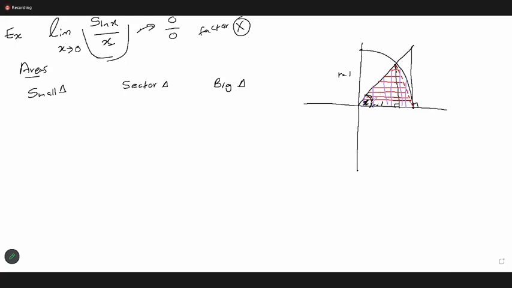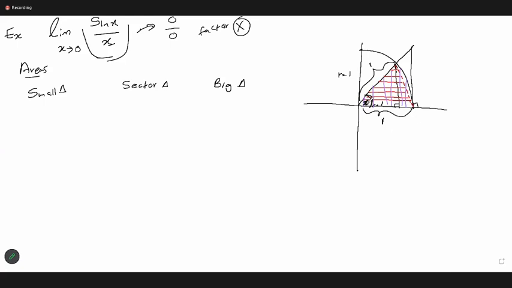Now you have to find the lengths of these triangles, right? In here, you know that this is the unit circle, so I can put 1 here. This is a unit, and what is the value of this length? It's also 1, right?